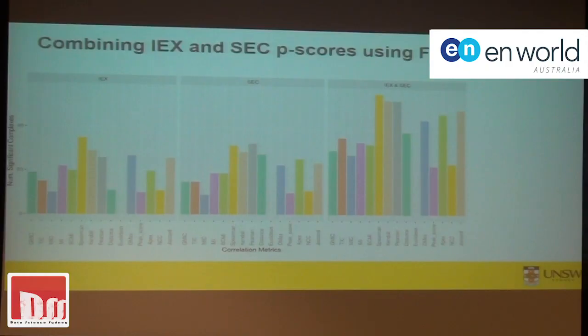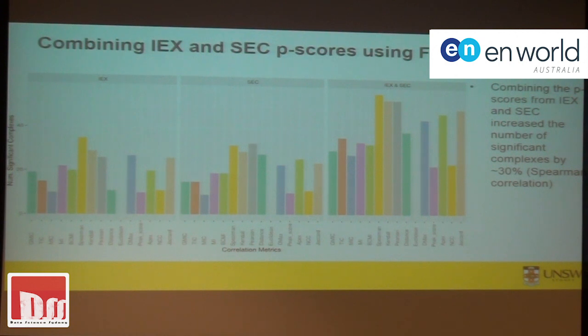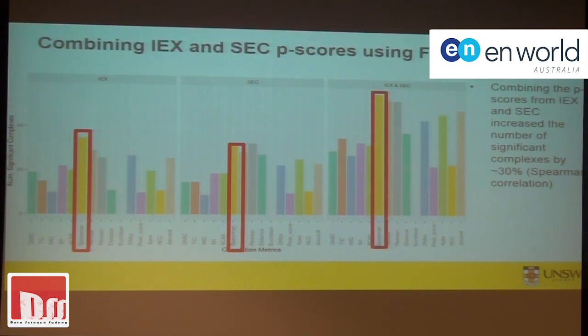So this is the result from combining IEX and SEC. You have seen most of this graph before, but I've included a new panel which has the p-scores after you combine the IEX and SEC data. We can see that combining the p-scores from IEX and SEC increased the number of significant complexes by about 30% if we use Spearman correlation as a baseline.